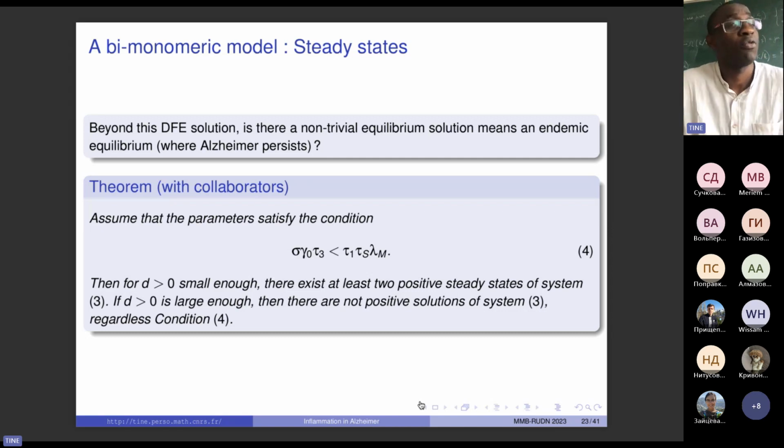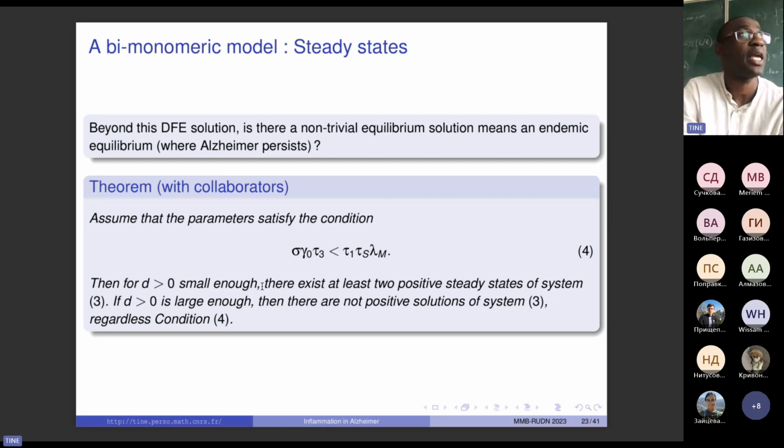Of course, with collaborators, colleagues here and Vitaly, we proved this theorem, which depends on the parameters. If we have this inequality on the parameters, if the product sigma gamma naught 2, 3 is lower than tau 1, tau s, lambda m, then for D positive and small enough, we can have at least two positive steady states of the system.